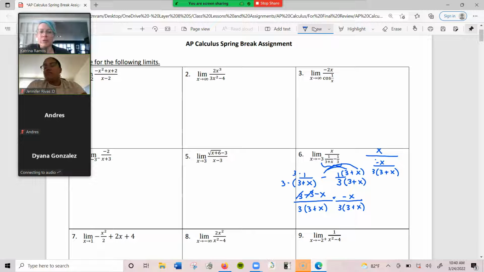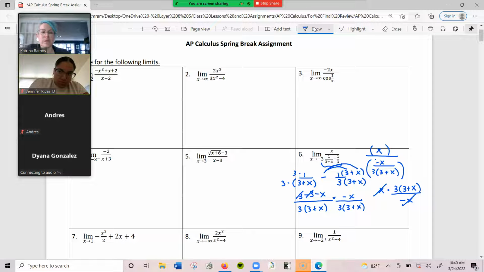So now we're going to copy, change, flip. So I have this divided by this. So I'm going to copy x, change to multiplication, and flip this. So it's going to be 3 times 3 plus x over negative x, which my x's here would cancel out.